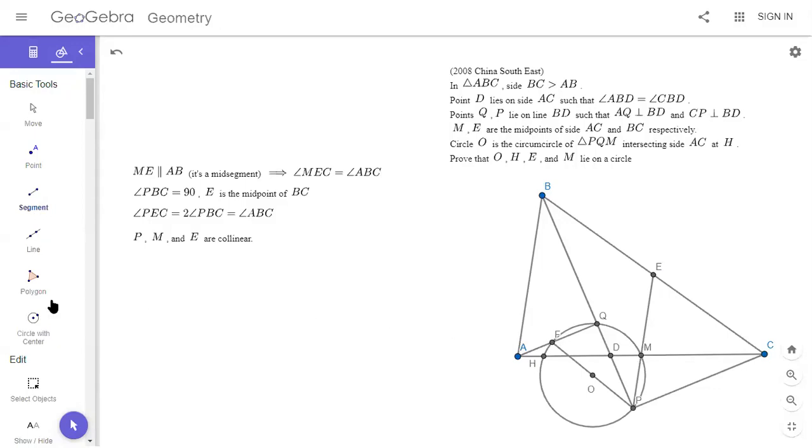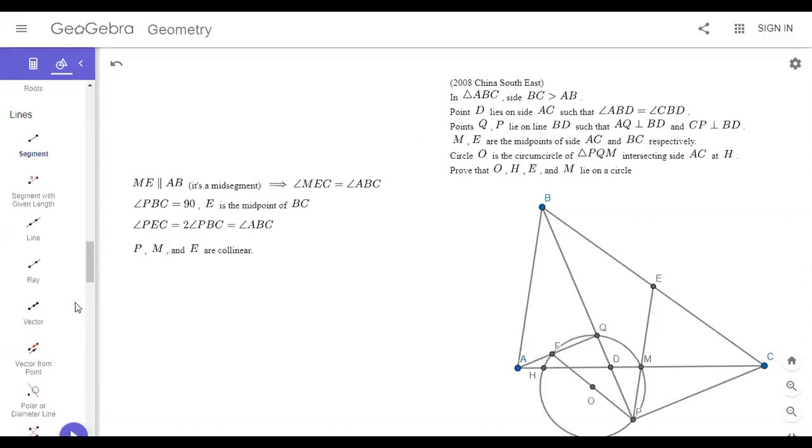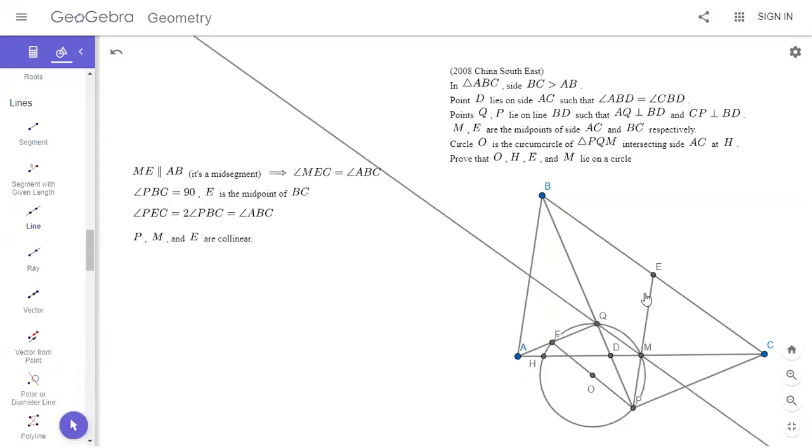So first, suppose that, let's see. Aren't MQ and BC parallel by symmetry? What's the symmetry? They look parallel.